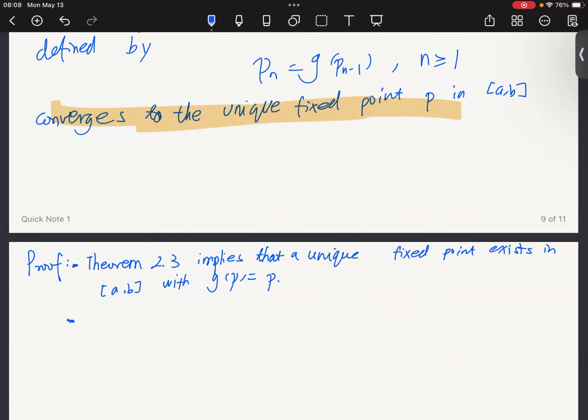This is because G maps AB to itself, hence the sequence Pn, n equals 0 to infinity, is well defined.